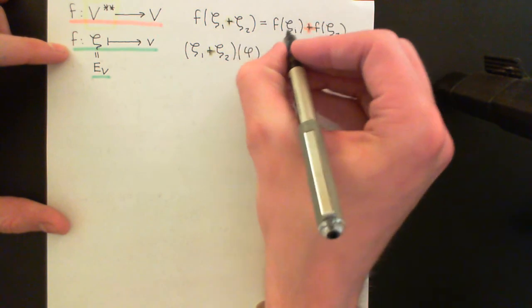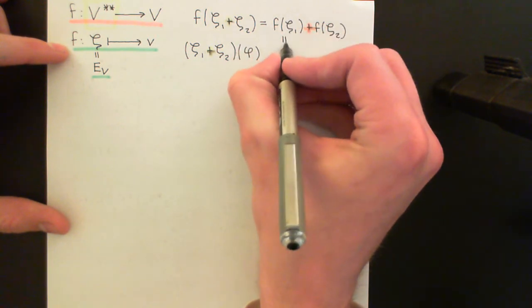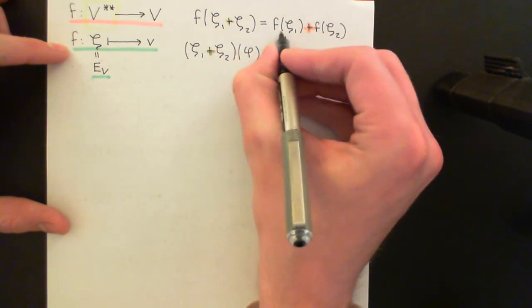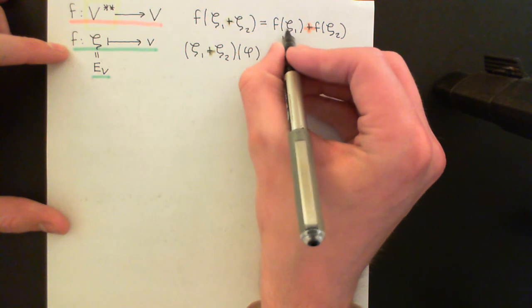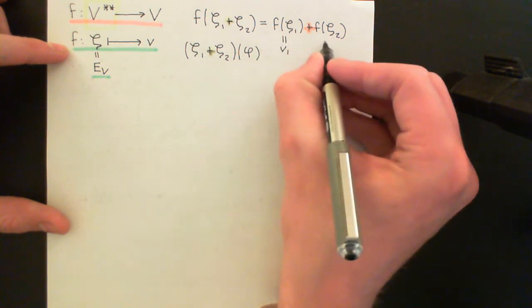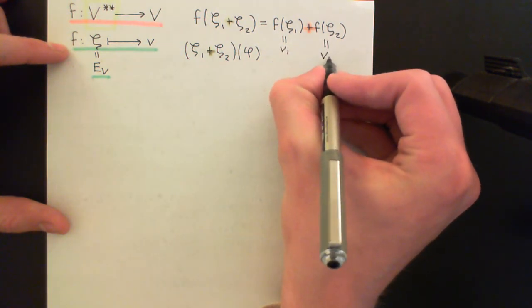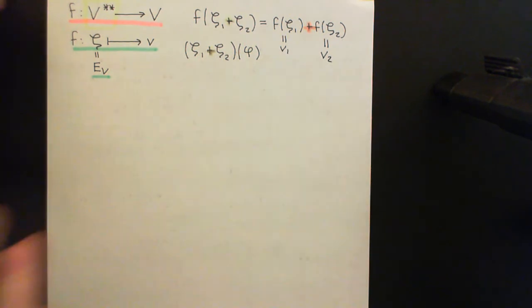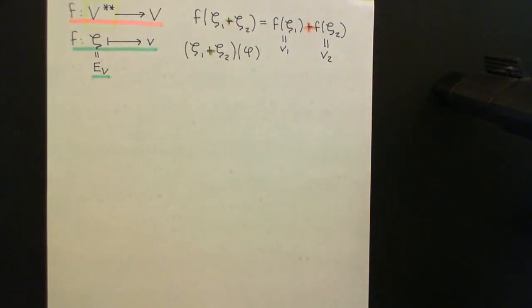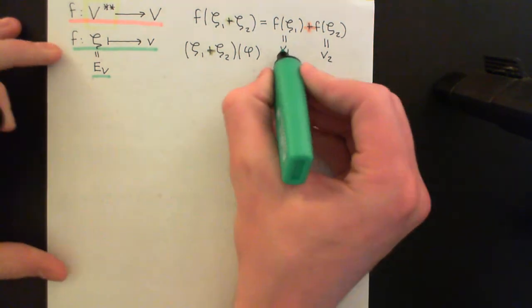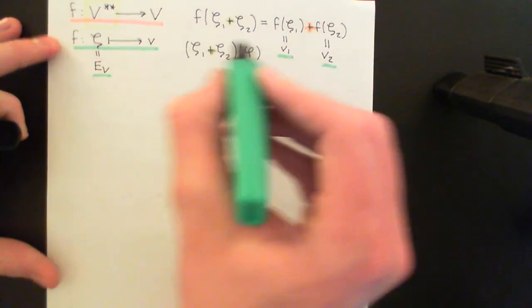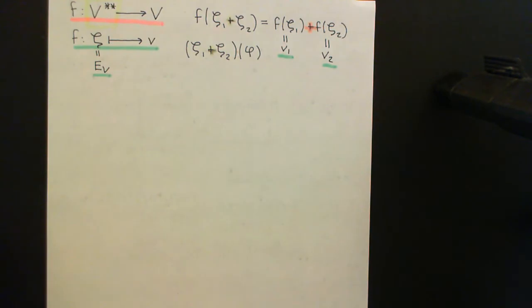Let's say that f of zeta 1 we call v1. Okay, so let's just say that the vector which is associated with zeta 1 is v1, and let's say that the vector that's associated with zeta 2 is v2. We'll use v1 and v2 in a moment. Okay, they'll pop up in a moment. Now, back to the other side. So switch from that back to the other side now.